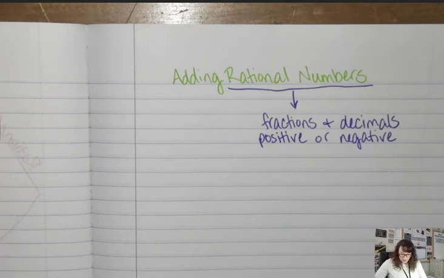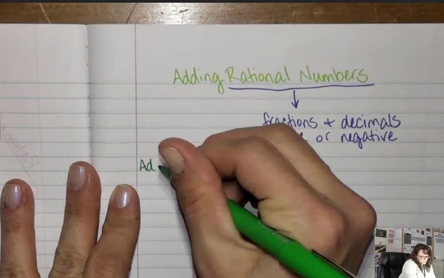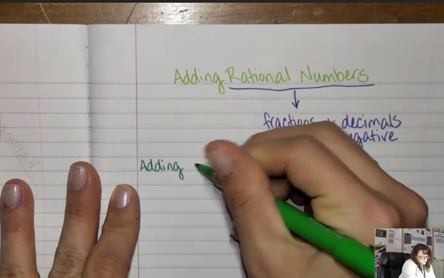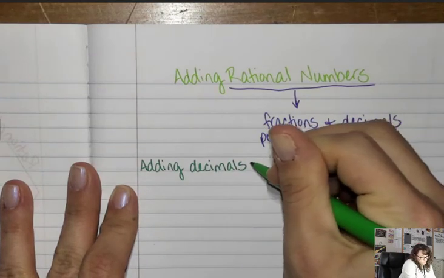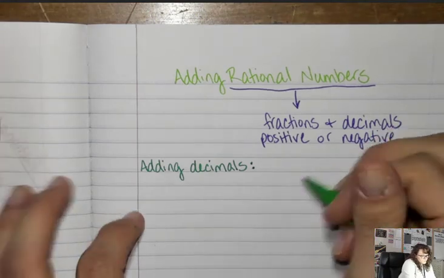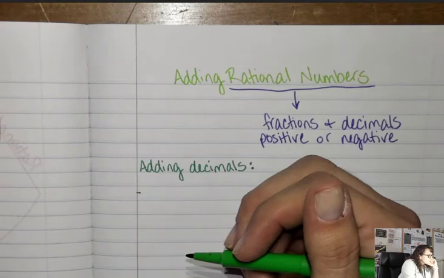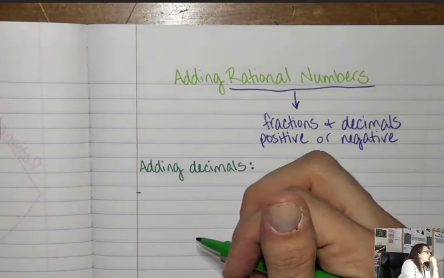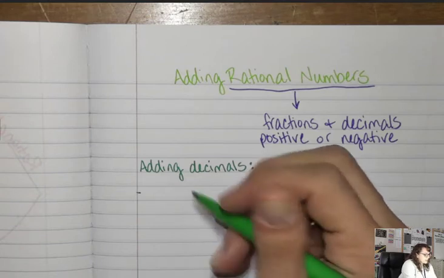When we add decimals, same rules as when you're adding integers, as far as if they're on the same team, you add them together. If they're different teams, you subtract.